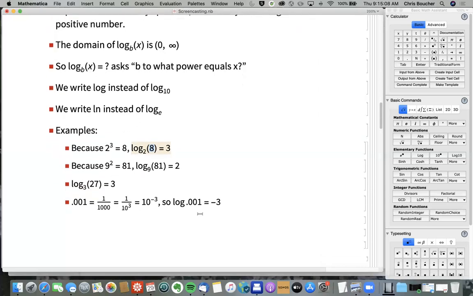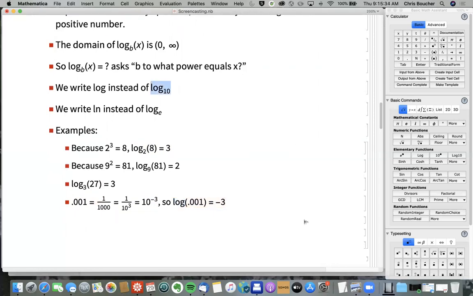A note here on negative exponents: recall that the number 0.001 is 1 over 1,000, which is 1 over 10 cubed, which is 10 to the minus 3 power. So if I want to take the logarithm of 0.001, notice there's no subscript on the logarithm, which means it's log base 10.